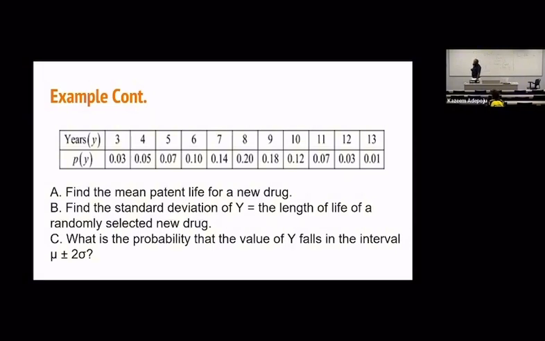What is the meaning of 0.03? It means 3% of the time the years is 3. 5% of the time it is 4. 1% of the time it is 13. I told you yesterday, probability is actually talking about frequency.